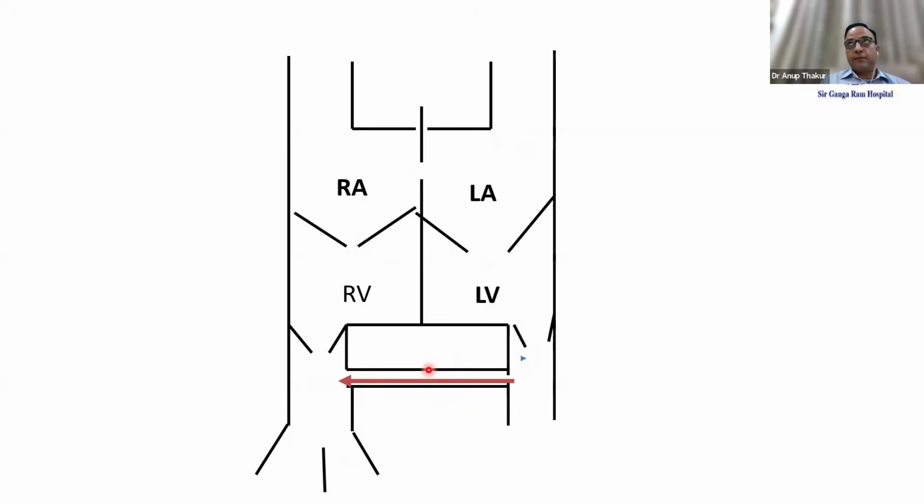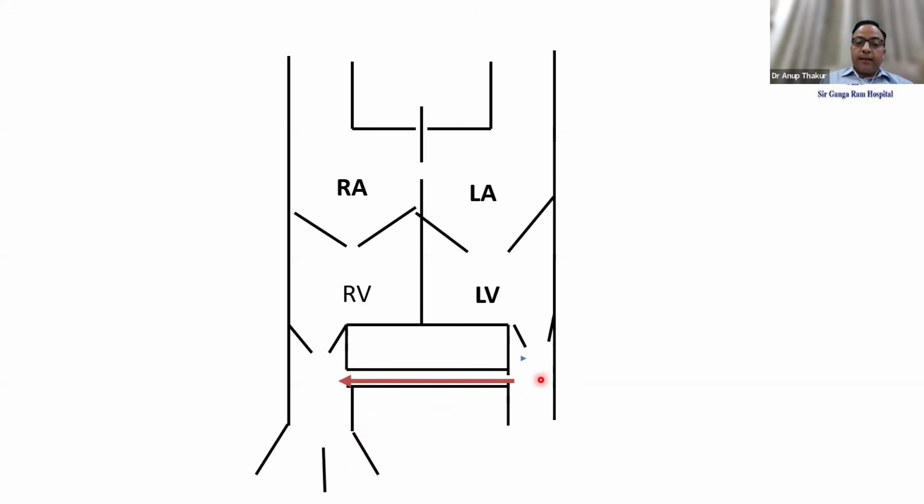If the duct is more than half of the diameter of the left pulmonary artery, then again it's a significant duct. You can also index the size of the duct to the weight. So you're measuring the diameter of the duct and indexing it to the weight or the LPA diameter to understand whether the duct is large or not.